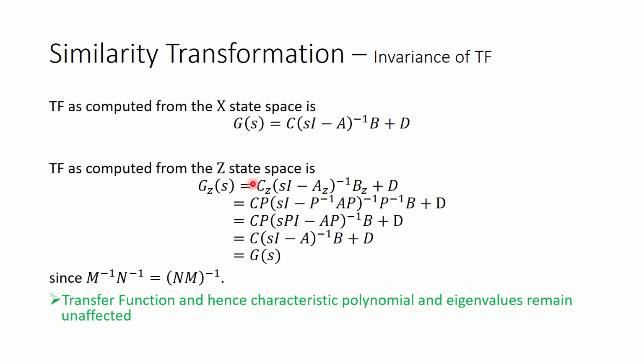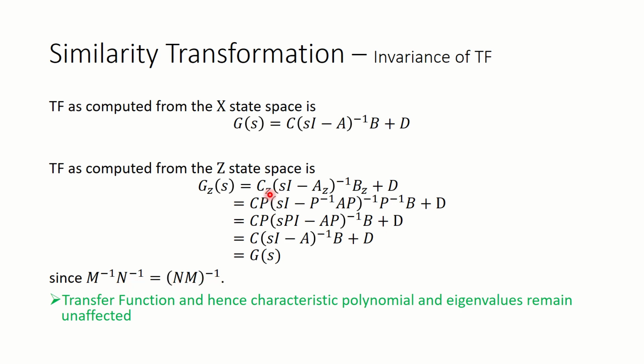We simply replace CZ as CP, AZ as P inverse AP, BZ as P inverse B. Now we use a relationship well known in matrix computations, which is (MN) inverse equals N inverse M inverse. So if N and M are matrices, then (MN) inverse equals N inverse M inverse.